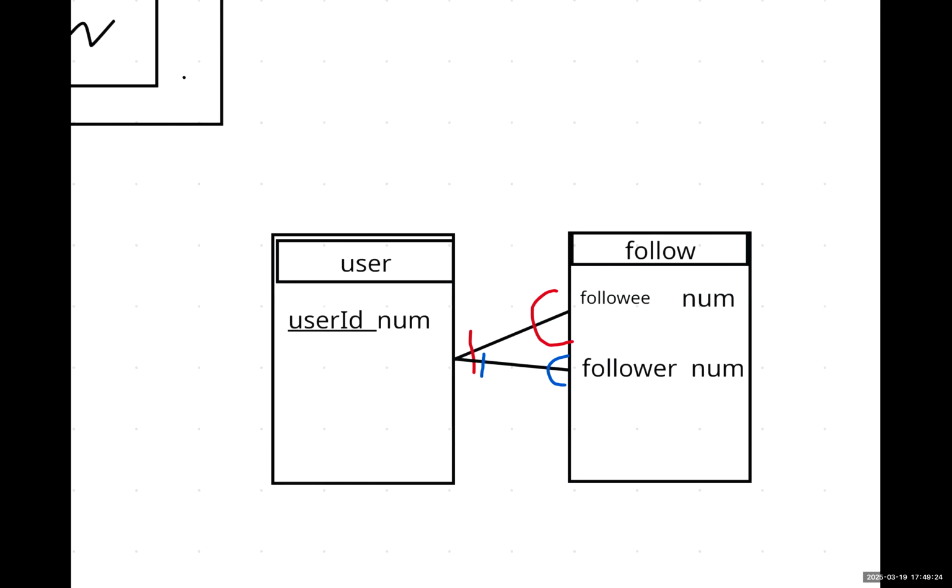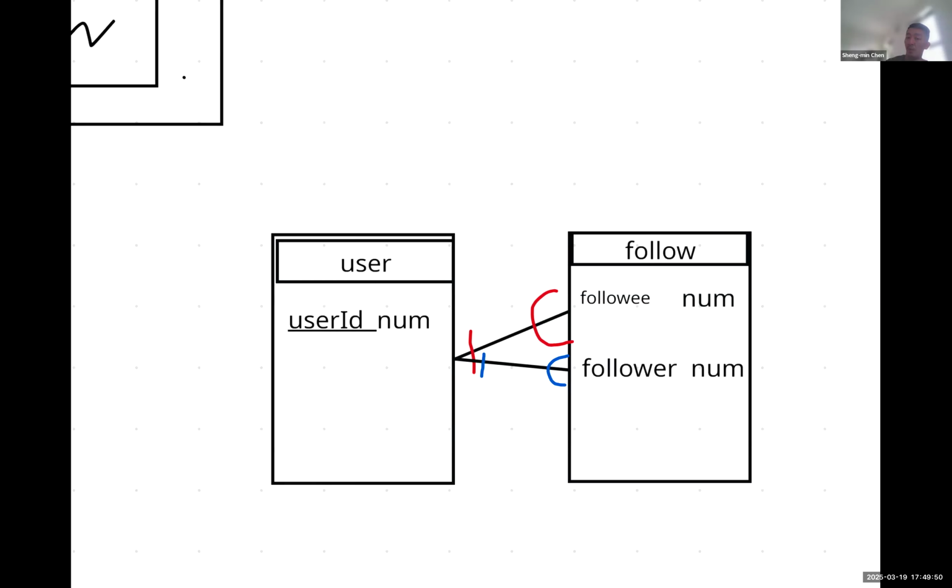Maybe the num is the attribute or the property, the user ID type? Yeah, type. And then what would the underline be? It's a type of what? It's a type of user ID, right? What is the user ID? Is it the primary key?